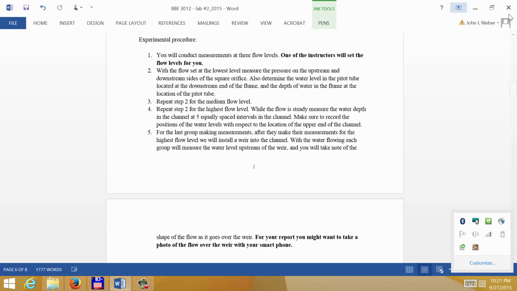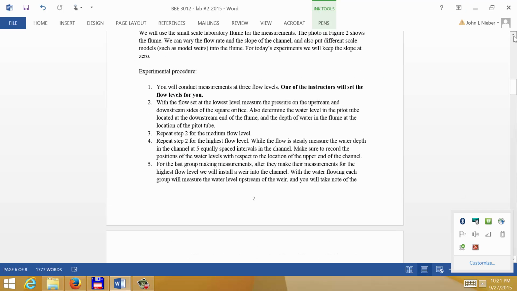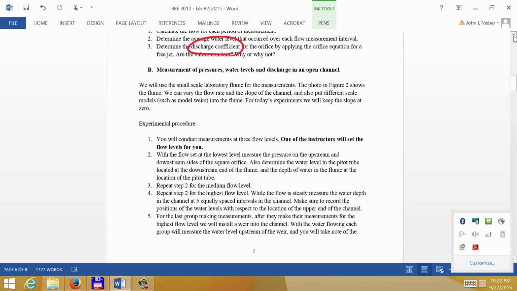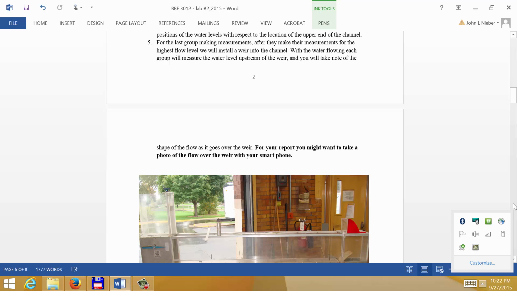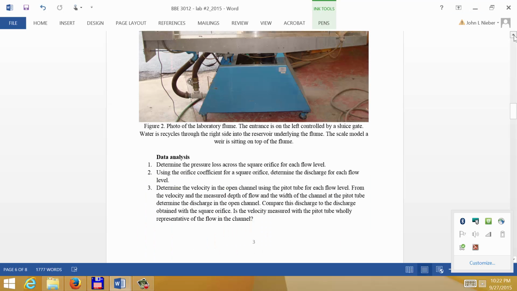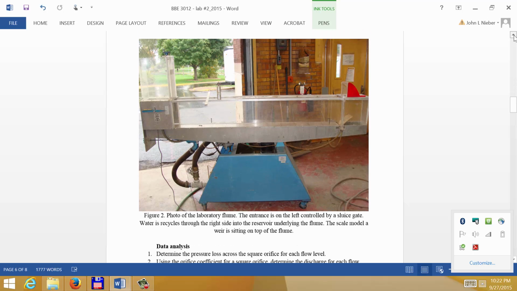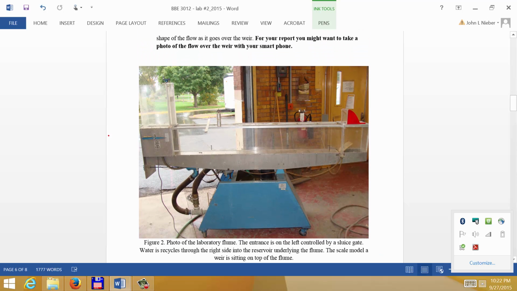The second part of the experiment, you're going to be measuring water levels and pressures in an open channel. A photo of the open channel is shown here. This has a reservoir associated with it, and basically water comes up out of this reservoir into the bottom underneath the channel. This is the channel bottom right there.